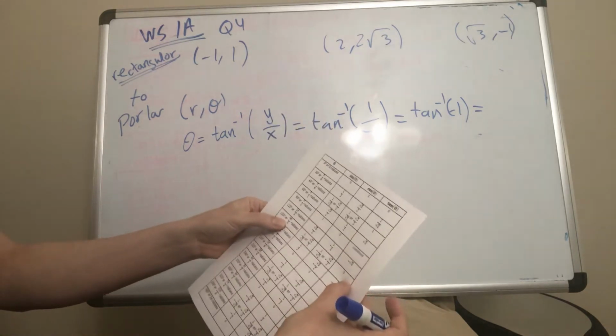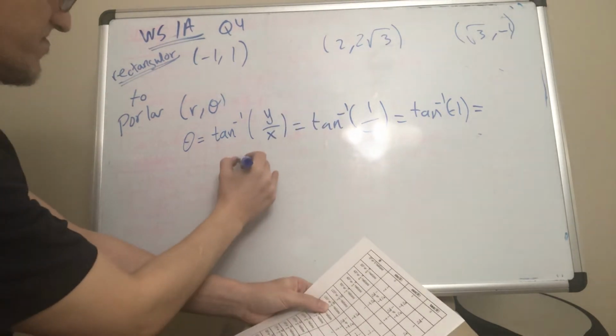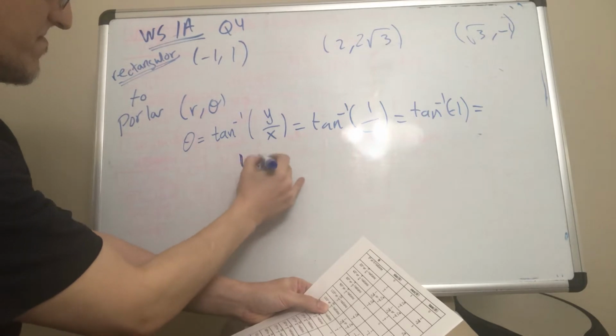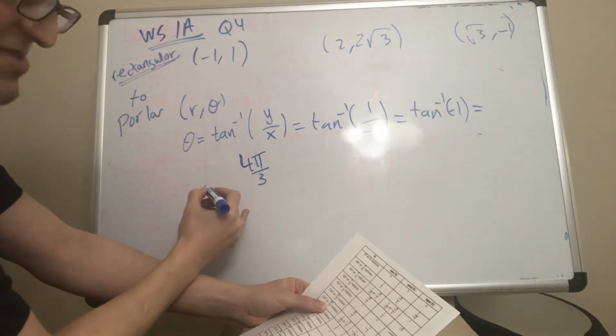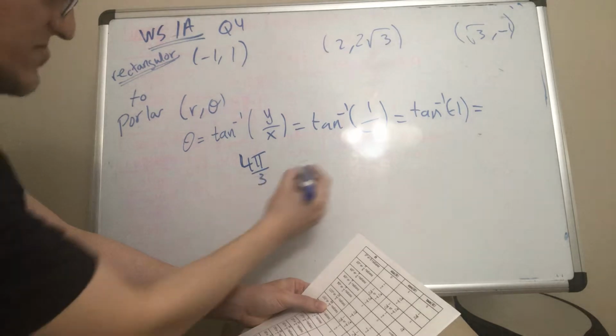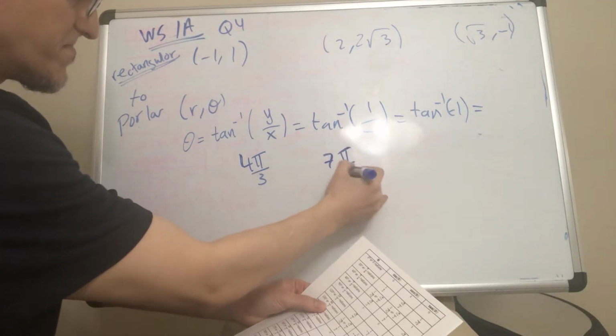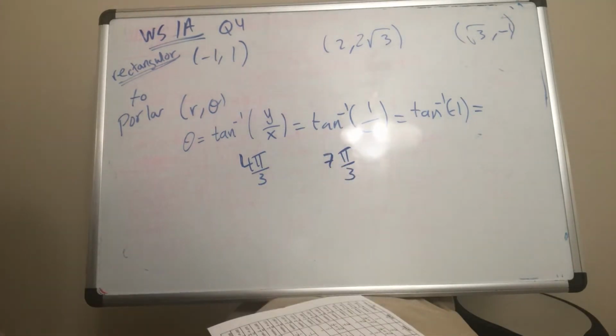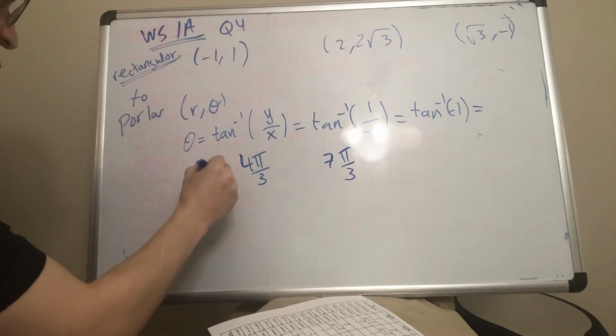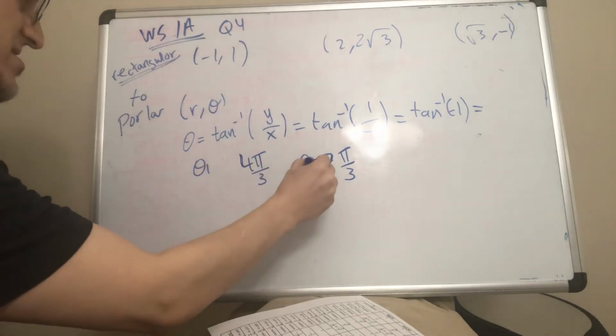When it's 3 pi over 4, and again when it's 7 pi over 4. So that would be the first answer and the second answer.